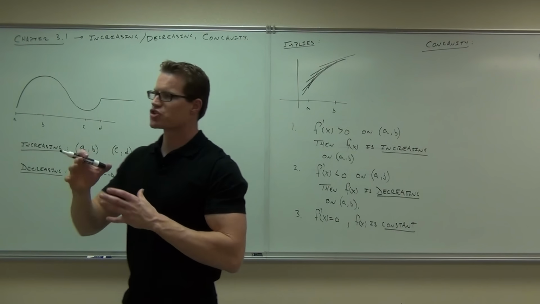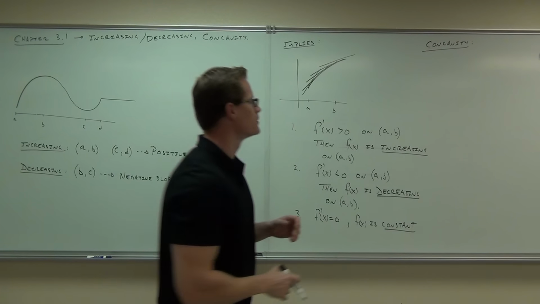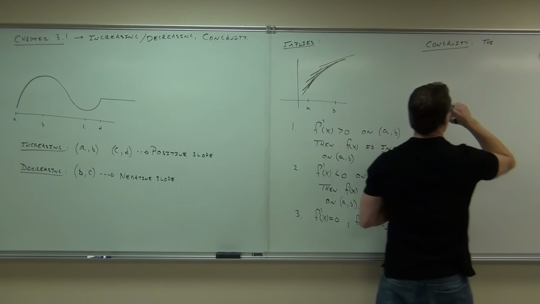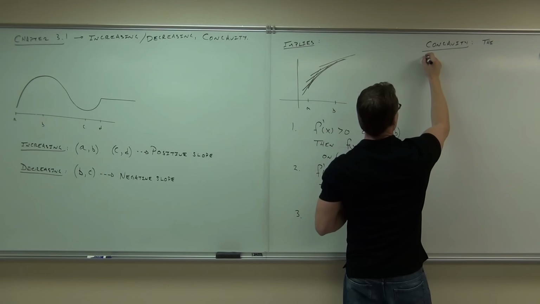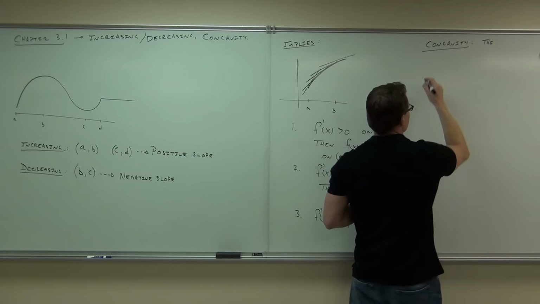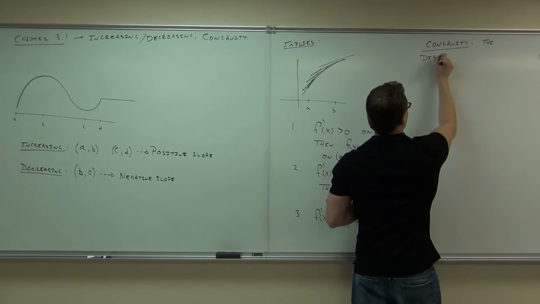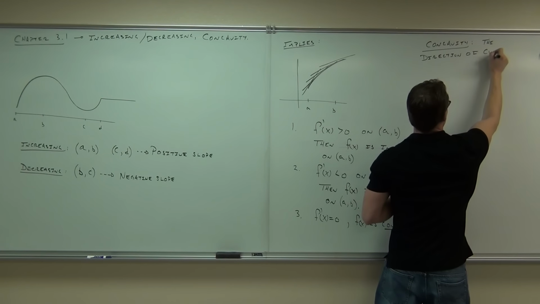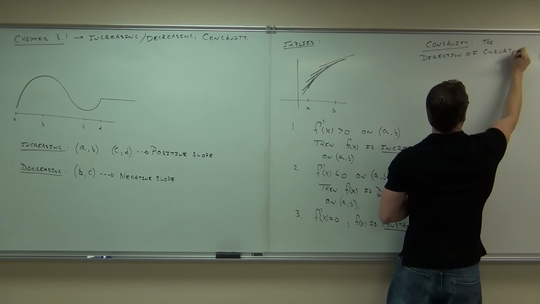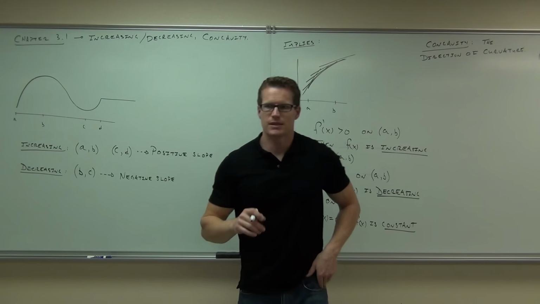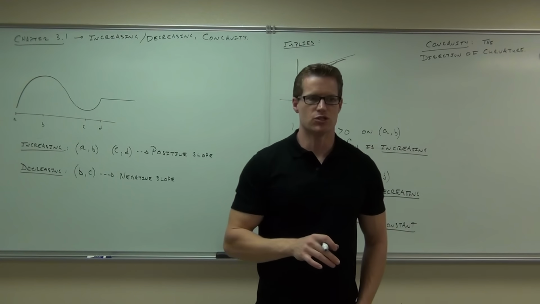Concavity is the direction of the curvature of your line. Or the description of the curvature might be better, I'll say direction. Or basically, it's how the slope is changing.